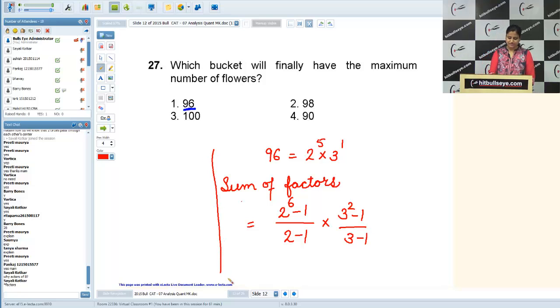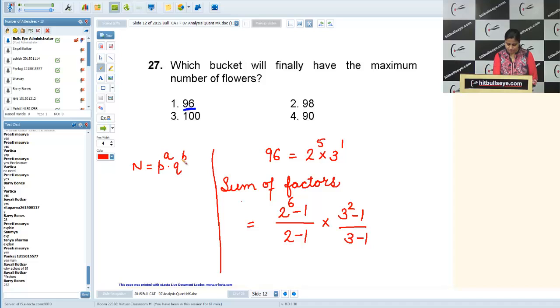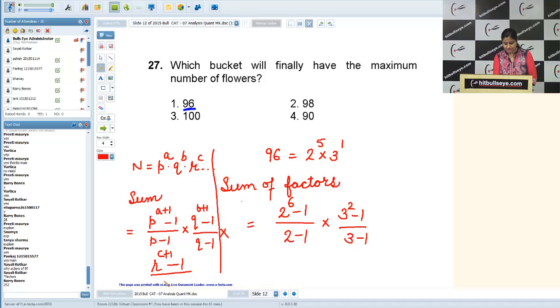So what is the formula we are using here? If you want to find the sum of factors for any number, you write down the prime factorization of that number. Then the sum of factors will be (p raised to power a plus 1 minus 1) upon (p minus 1) into (q raised to power b plus 1 minus 1) upon (q minus 1) into (r raised to power c plus 1 minus 1) upon (r minus 1), and so on.